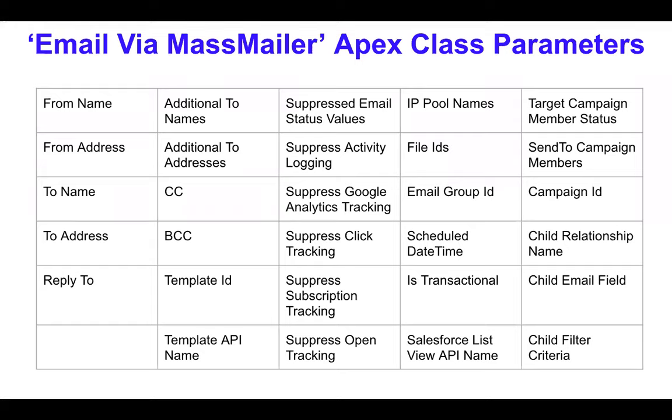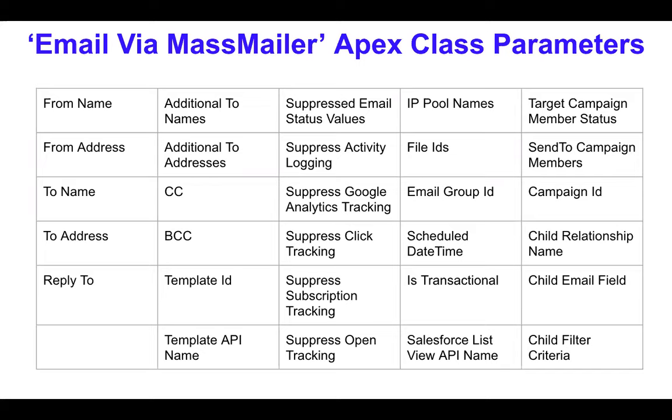You can provide the IP pool name. You can also attach files by providing the file IDs. You can also have the group subscription feature enabled, provided you pass in that email group ID. You can schedule it on a specific date and time. You can also mention if it's transactional or non-transactional.